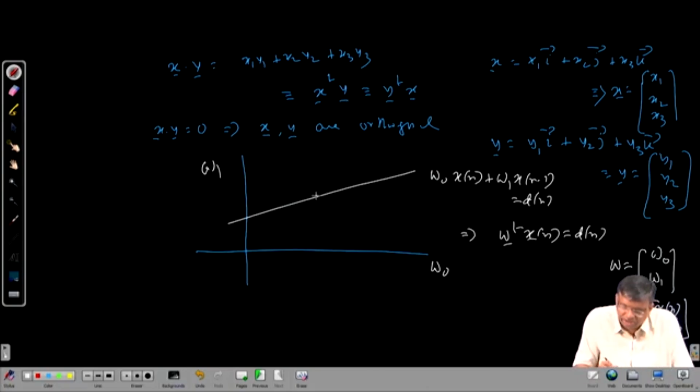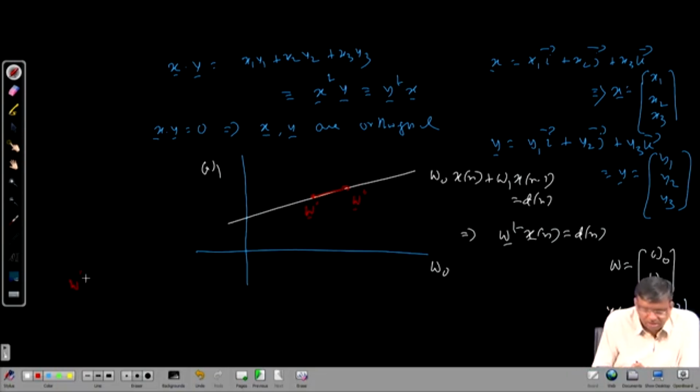Now, you see one thing, if I take a vector lying on this line, between any 2 points, let it be W prime, that is W0 prime, W1 prime, and let the other be W double prime, meaning W0 double prime, W1 double prime.